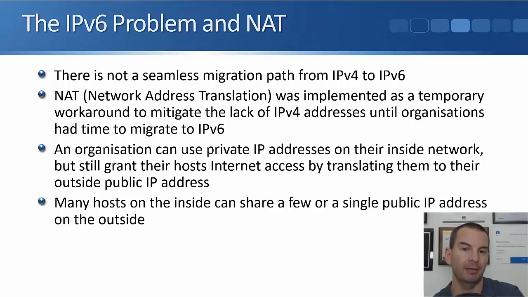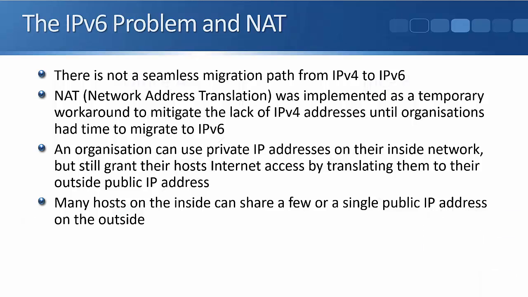So if you're using a private IP address on the inside, whenever you communicate with anybody out on the public internet, when the traffic gets to them, it looks like it's coming from a public IP address, so they're able to send the traffic back to you. Many hosts on the inside using those private IP addresses can share a few or even just a single public IP address on the outside.